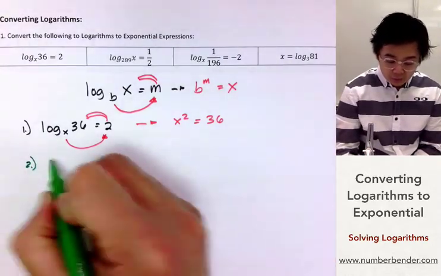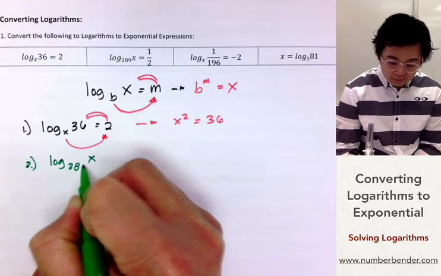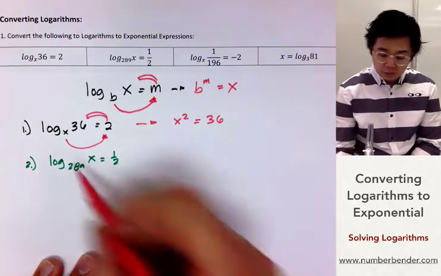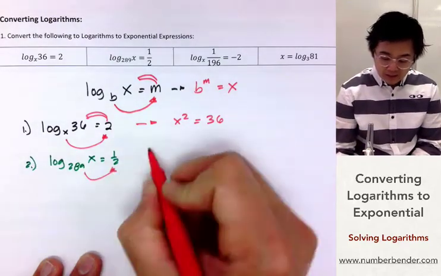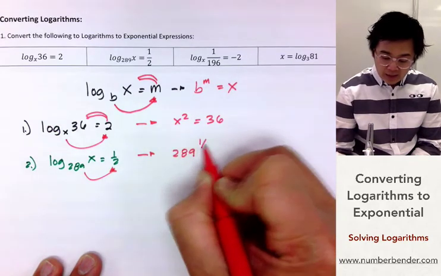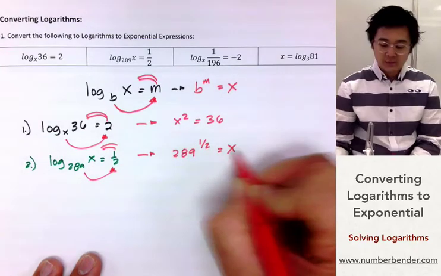For number 2, logarithm of x base 289 equal to 1/2, if I need to change it into exponential, I'll have 289 raised to 1/2 equal to x.